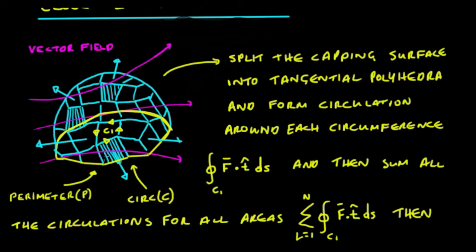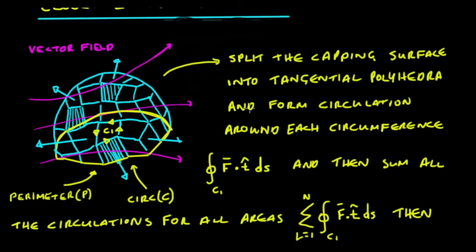And you could imagine taking a limiting process where we increase the number of polyhedra to infinity and we decrease their areas to 0. So eventually all these little polyhedra will become a continuous surface, as opposed to being a linear jagged surface.